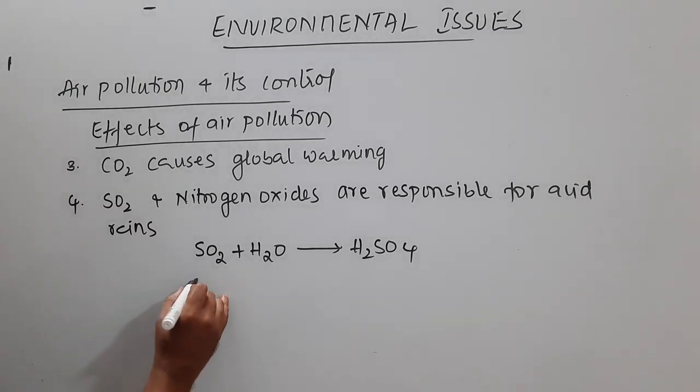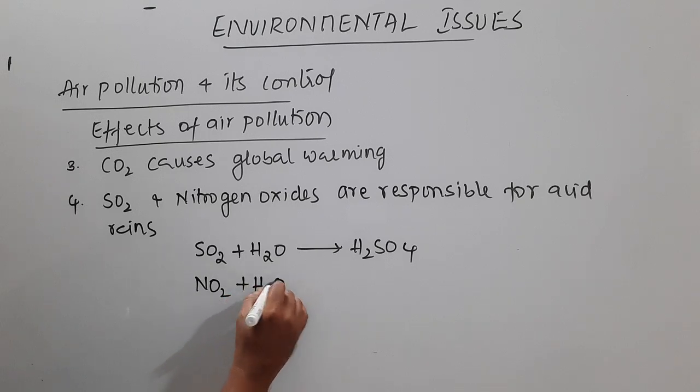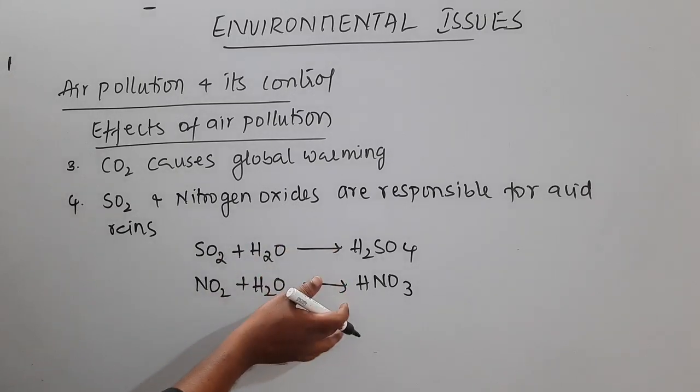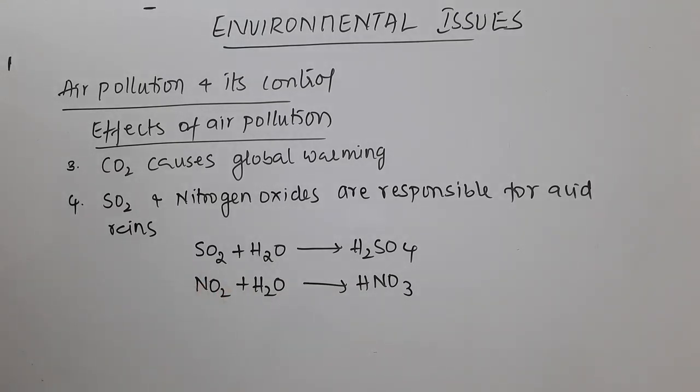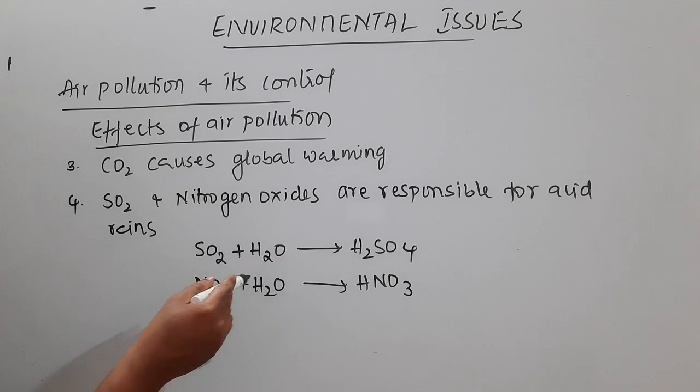Even nitrogen oxides, when they combine with water, can result in acids like nitric acid. So these sulfuric and nitric acids are called acid rains. These gases in the atmosphere combine with water present in the atmosphere and come down as acid rains at different places.